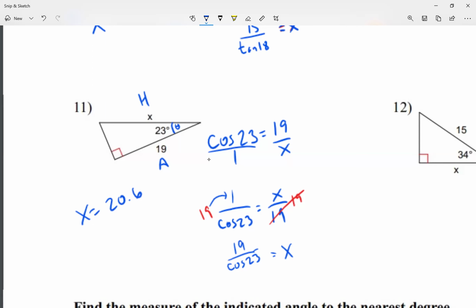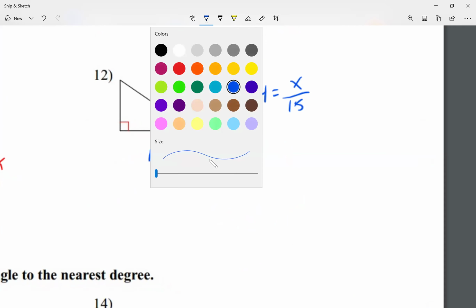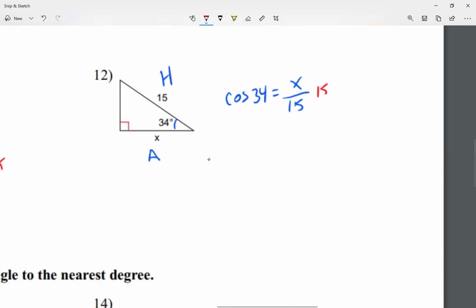Okay, not bad. Let's take a look at number 12. I have the hypotenuse, or biggest side. Based on my theta, I have the adjacent. Oh, again, I have cosine. So I'm going to write cosine of 34 equals x over 15. Let me multiply both sides by 15.